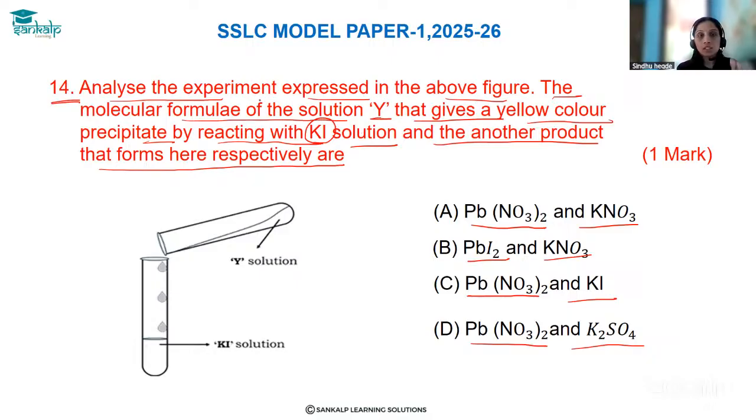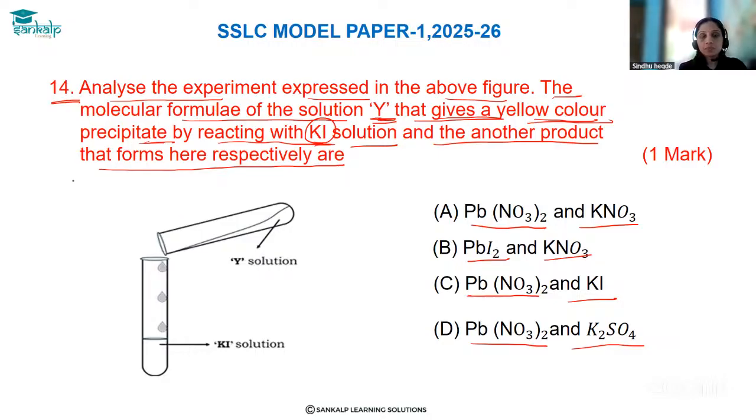See, just read this question very carefully. The molecular formula of the solution Y that gives a yellow color precipitate. Here there must be two reactants and they give products. This Y reacts with that KI.